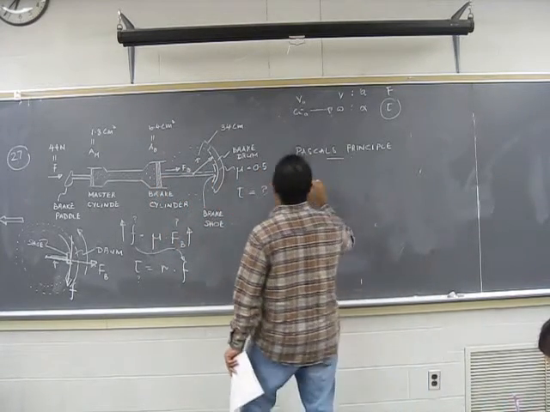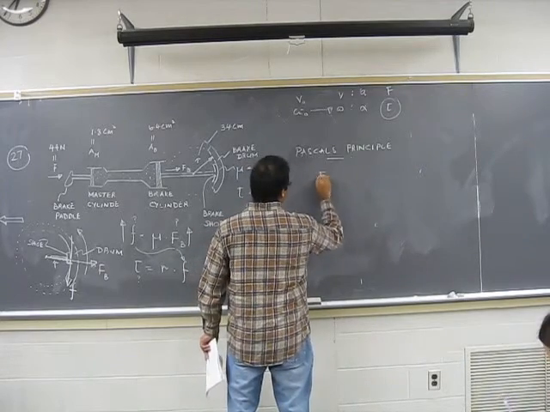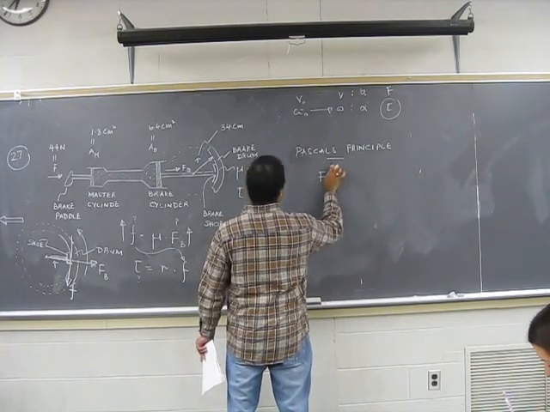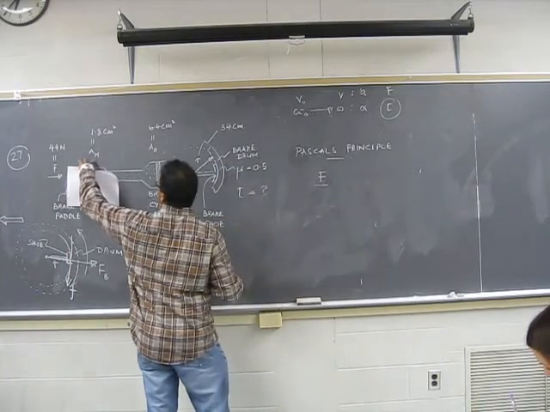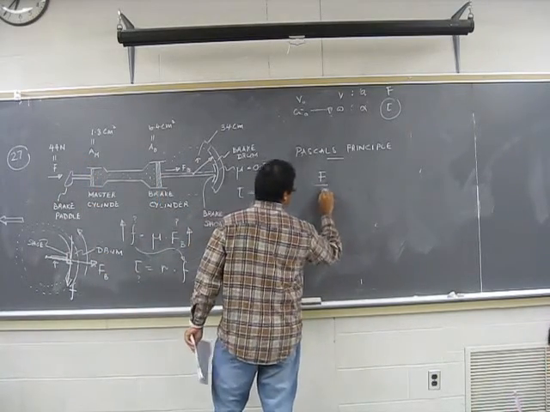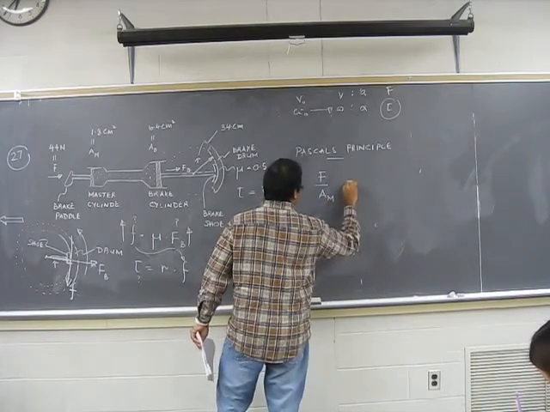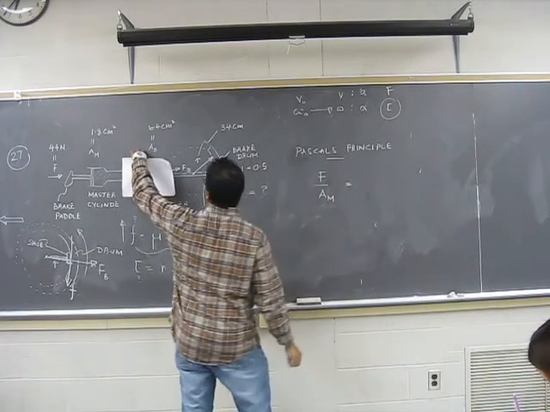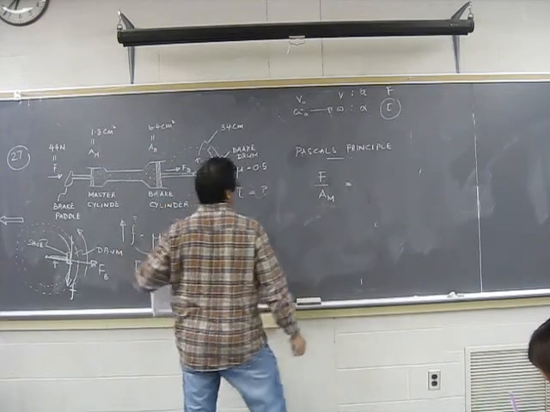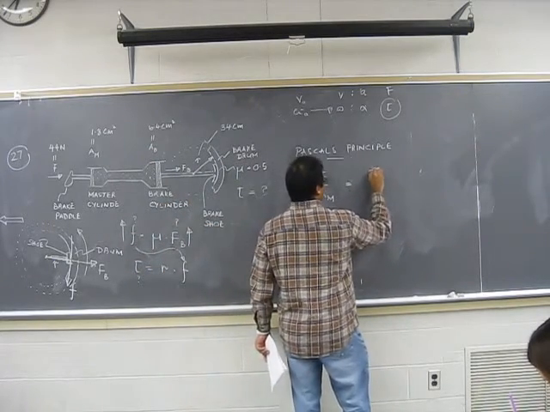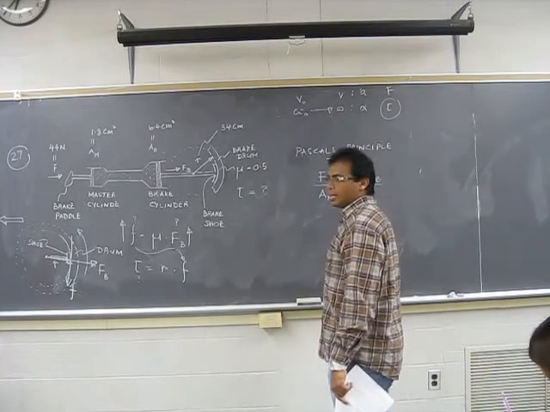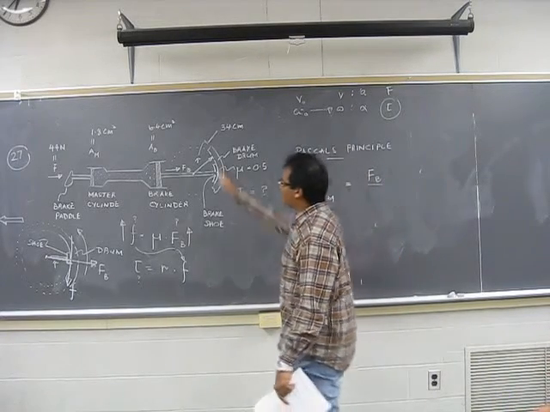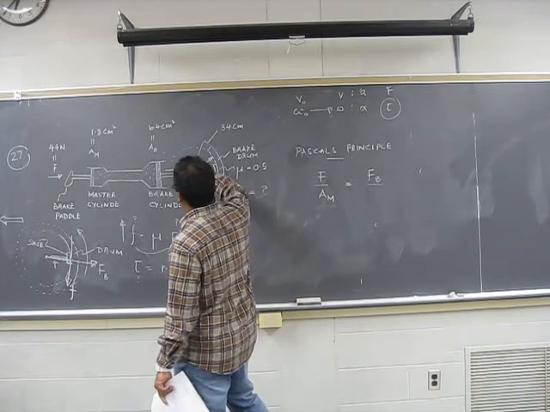So now, how do we put this in a formula? We have F1. In this case, I'm going to put this as F. And on this side, the area underneath is AM. And that should be equal to the same ratio on this side. On this side, my force is FB, the brake force. I should be careful with this name.